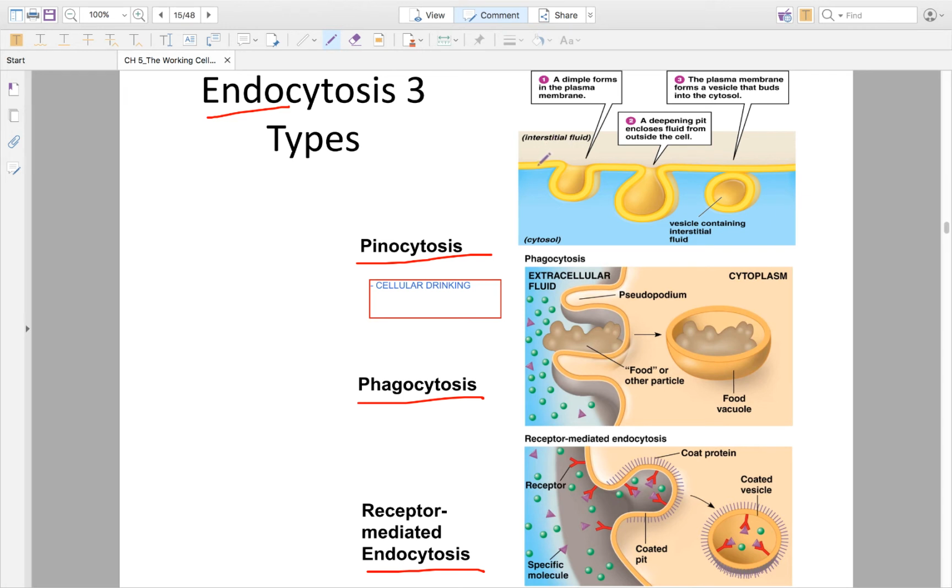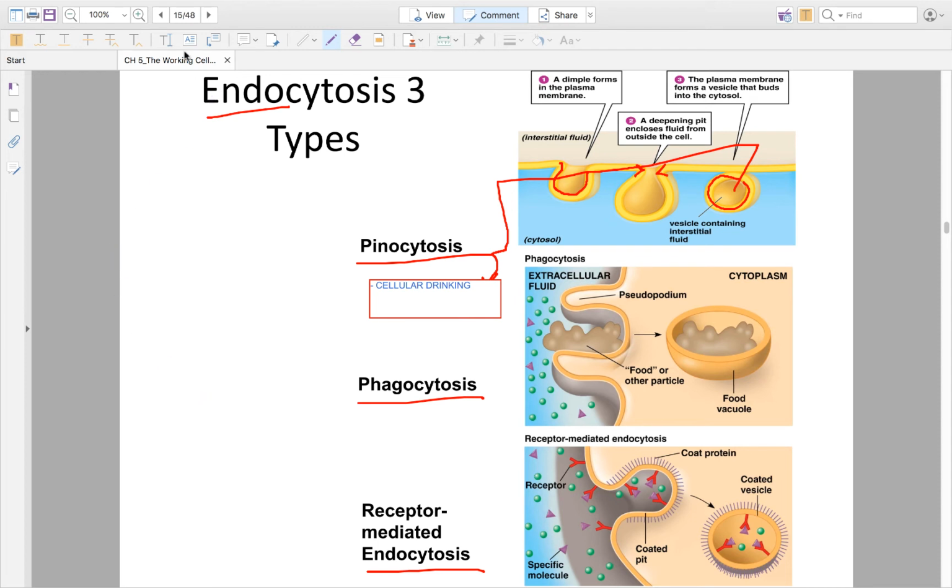When a cell wants to bring in fluid, it will make this little pit. It makes a little dimple. And the two sides of the dimple are going to get closer to one another until they have completely cleaved off into its own vesicle, bringing with it all of this fluid. Thus, we get the word pinocytosis, which means cellular drinking because it's bringing fluid in.